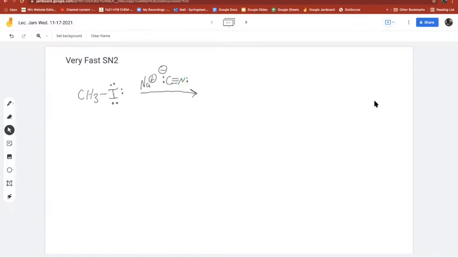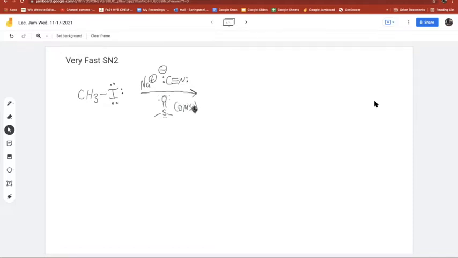That's a great nucleophile. And now what kind of solvent do I want? For SN2, what are the best solvents? I want polar aprotic. So let's go DMSO. I like DMSO. It's polar, it's aprotic.